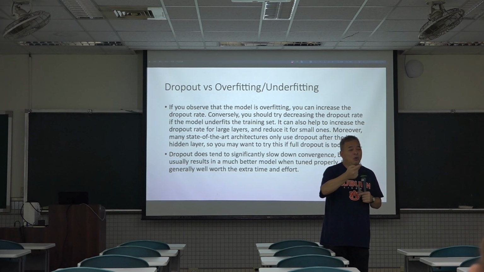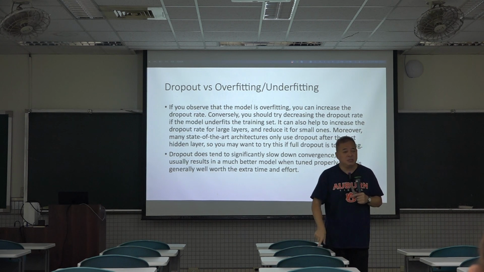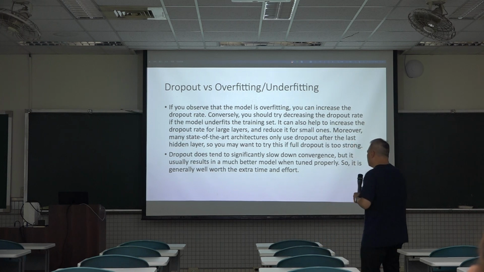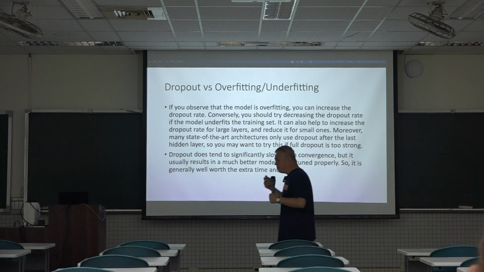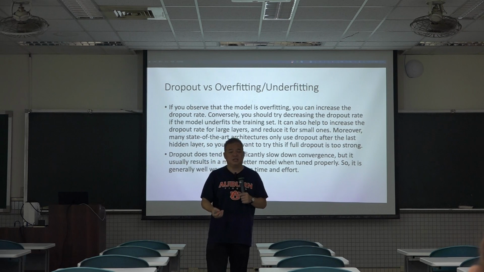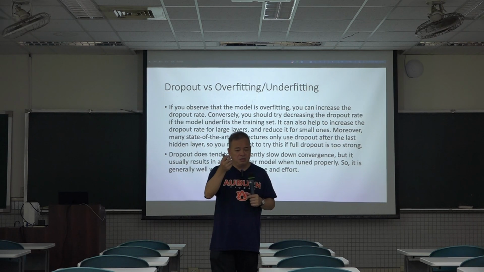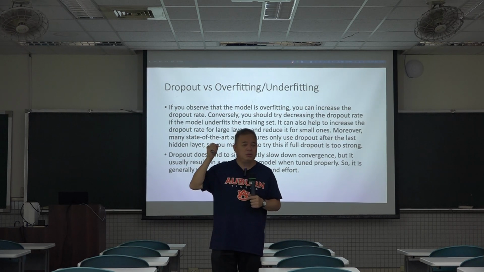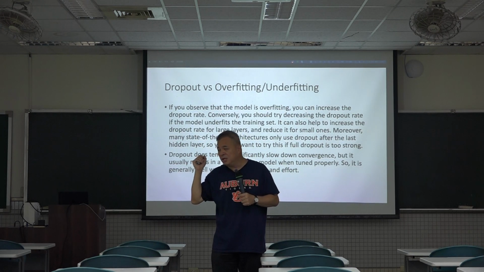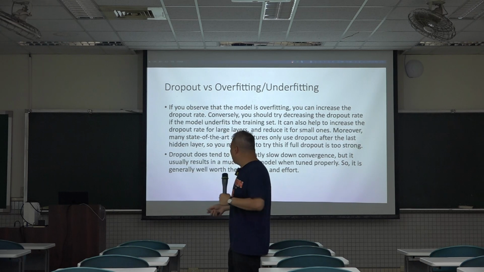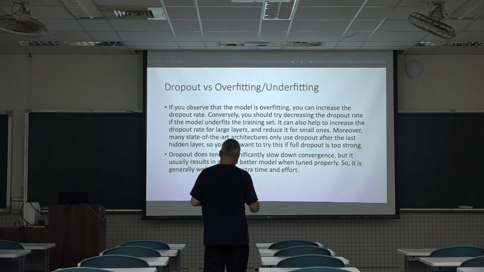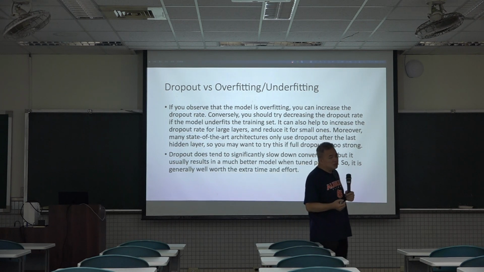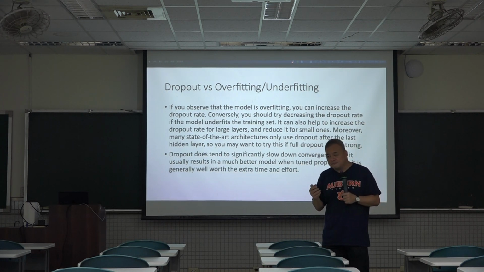More neurons, more parameters, obviously. Because you are overfitting, you should reduce the number of parameters, so an indirect approach is to increase the dropout rate. But on the other hand, if your model underfits, then you should reduce the dropout rate.